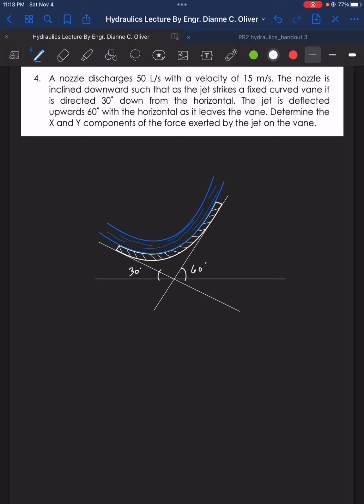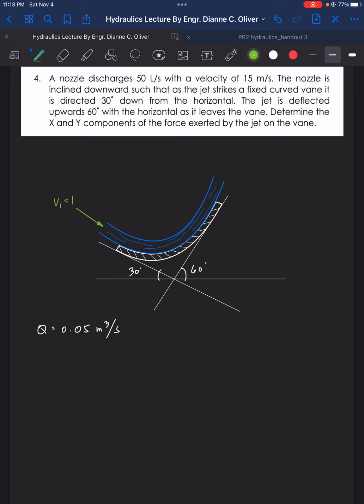Then the nozzle discharge Q is equal to 0.05 cubic meter per second. And the velocity is 15. Now, the velocity is not horizontal here. Rather, it follows the angle of the entrance of the jet. So that will be 30 degrees with the horizontal as well. So it enters 30 degrees.